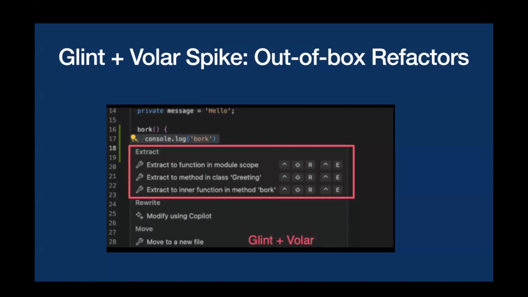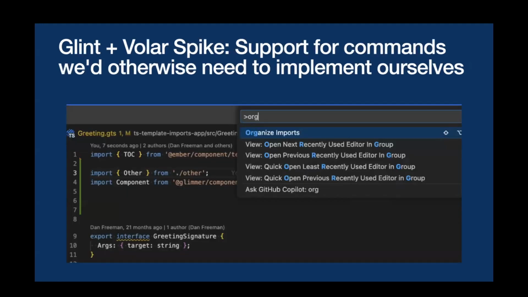All these things that normally exist for TypeScript but don't exist in Glint today. So if you were to just run the Glint language server and see what options are available to you in a GTS file, you wouldn't have any of this stuff. And all I had to do was the one main thing, which is express things into a virtual code, and suddenly I'm getting all these things for free.